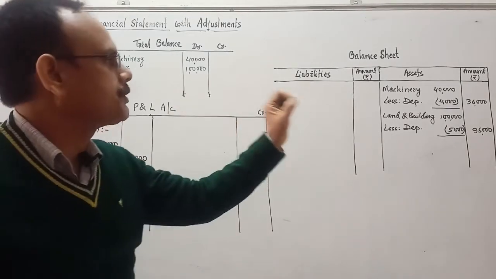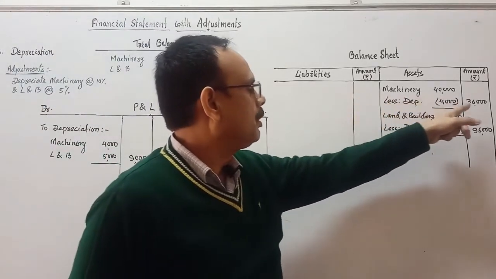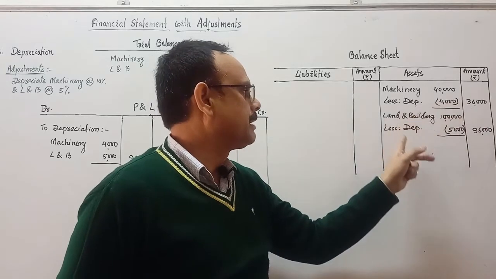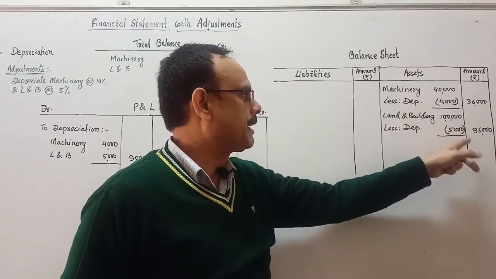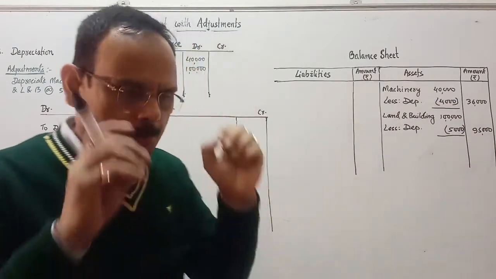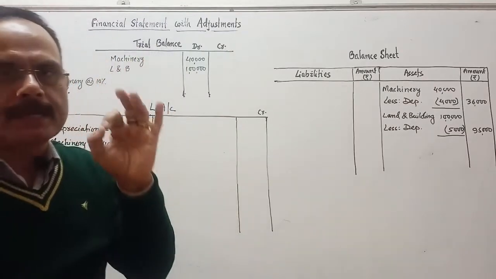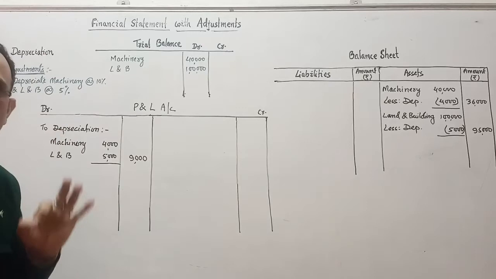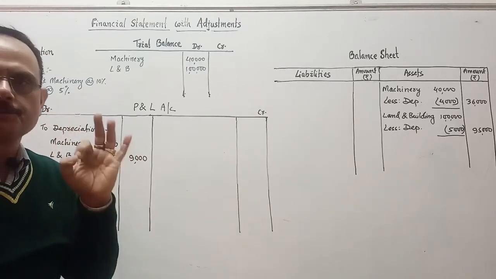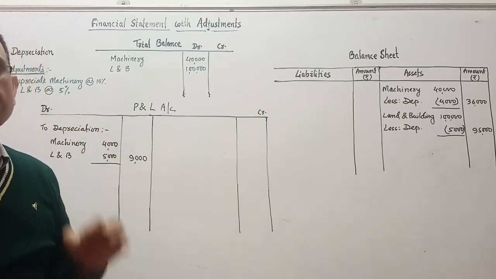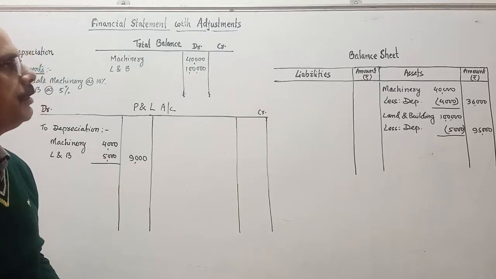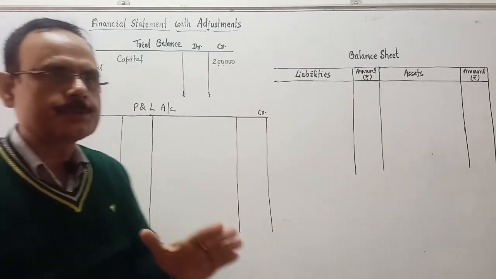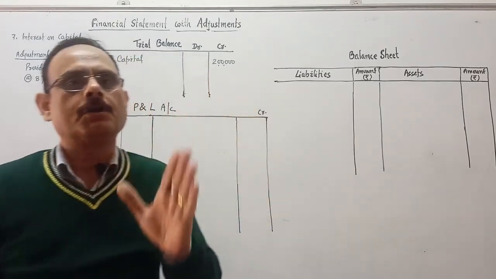The true financial position of machinery is 36,000 after depreciation, and of land and building it is 95,000. The purpose of the balance sheet is to reflect the true financial position, and the purpose of the income statement is to reflect the true profit or loss. Is it clear? Now coming to the next adjustment, interest on capital.